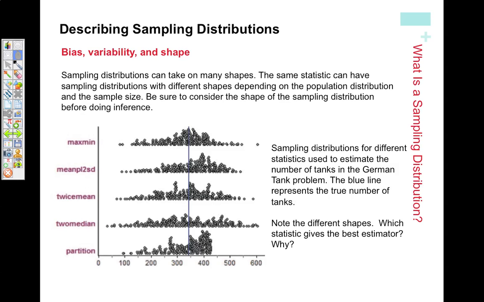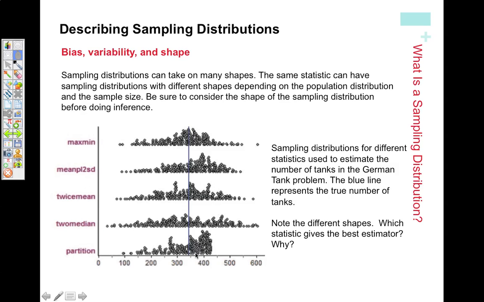So we want one that the mean is centered at the true mean, and we want one that's not as spread out as possible. And I would say that this top one is doing a pretty good job of not being biased. Its high point, its line of symmetry, if you will, is right at the mean. The other ones don't really have that. And I would say it has the least amount of variability.